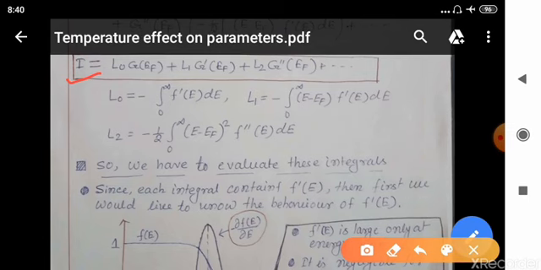Hence, we must know what the characteristics of the f prime E function are, because it is the first derivative of the Fermi function.